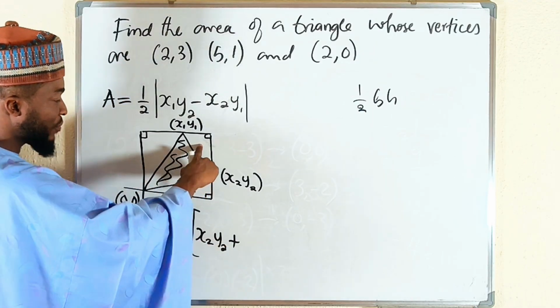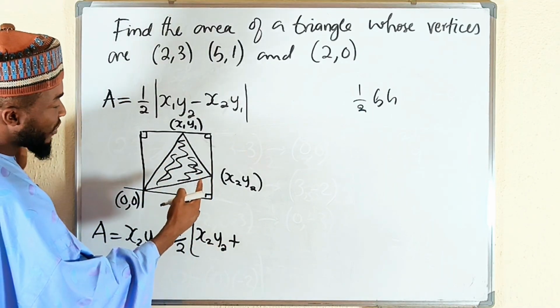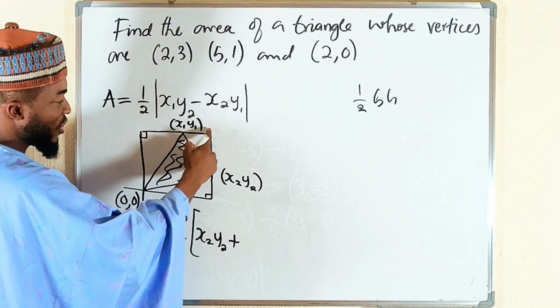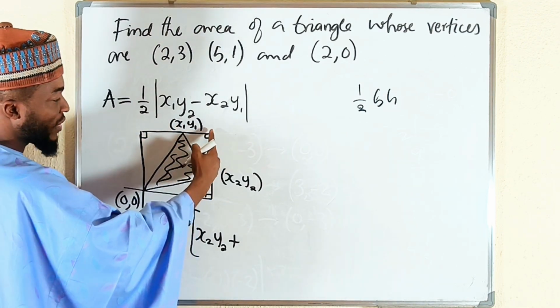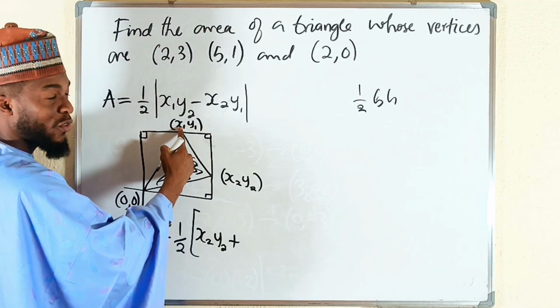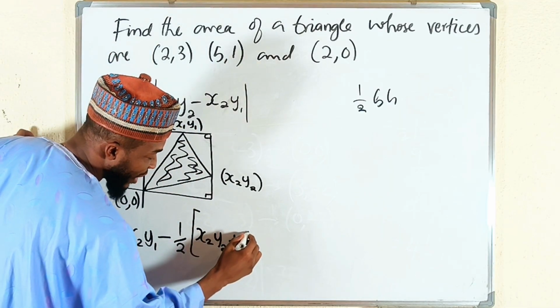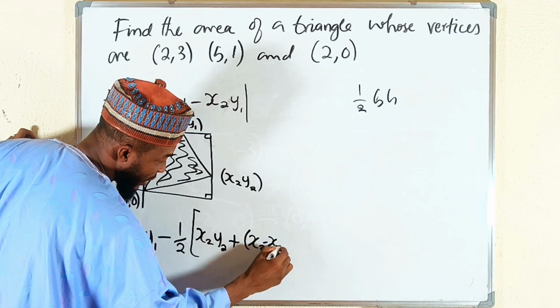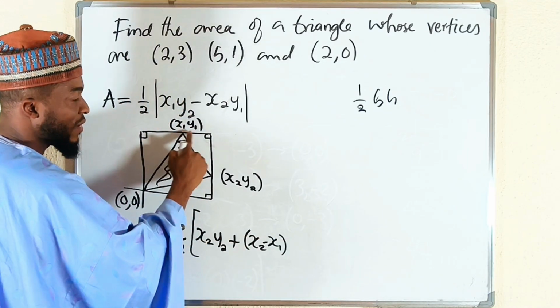Plus, let me come here. I want to start with x. So from here, which is x1, to here, which is x2, will be x2 minus x1. That is the length. So I'm going to have x2 minus x1. That is this length.